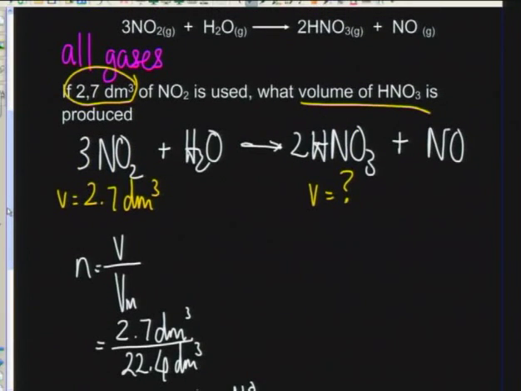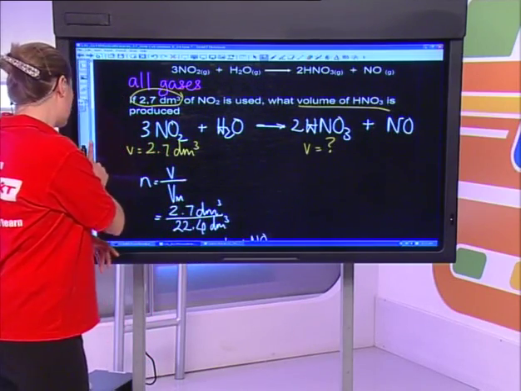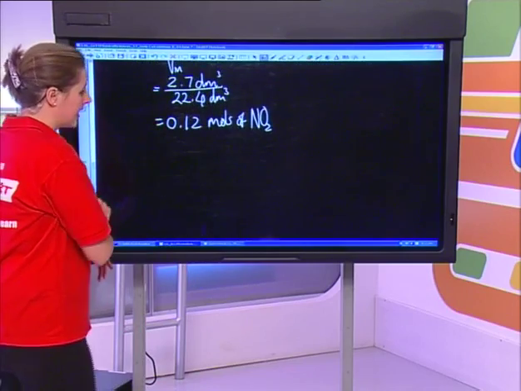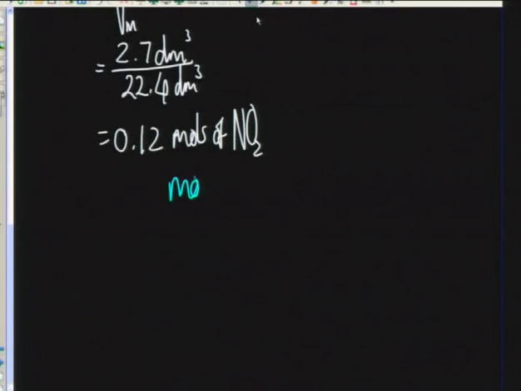Now, I need to get from NO2 all the way across to HNO3. So how am I going to do that? I'm going to compare with the mole ratio.